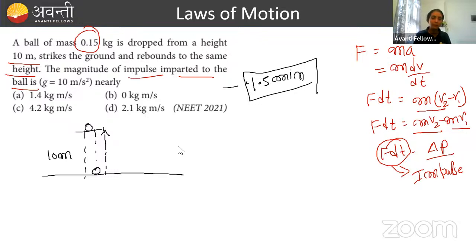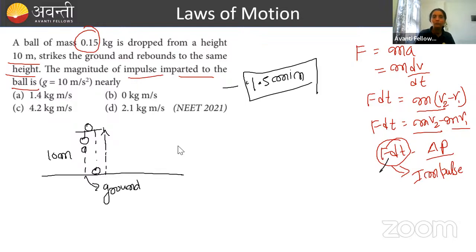So what will happen when its momentum will change? Momentum change will happen when it will collide with something, है ना? ऐसे momentum इसका change हो रहा है when it is coming downward because acceleration is there. But when we are talking about impulse, we are talking about F dt, means momentum change when some kind of force from another body is acting, and here another body is your what?